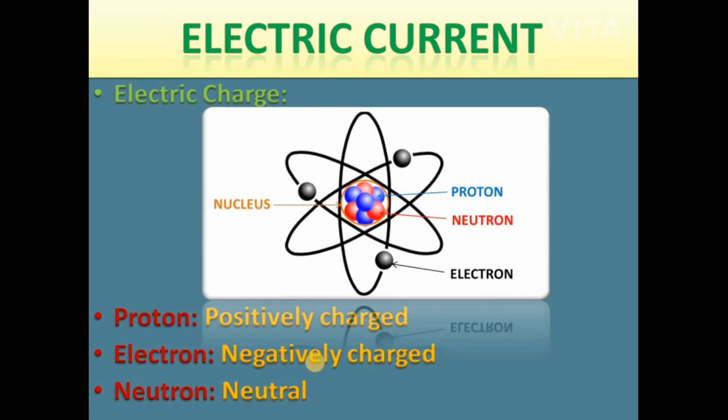For example, if you take two magnetic pieces and bring them closer, what will happen? They attract each other. If you bring the north pole of one magnet and the north pole of another magnet together, they will repulse, they do not attract, they will go away.